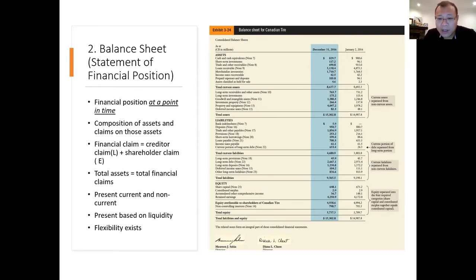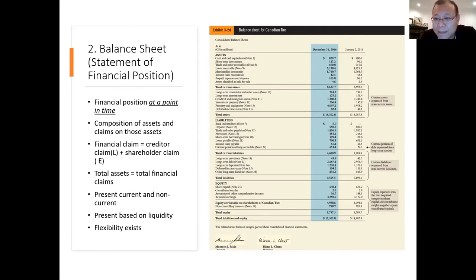For the equity, in 2100 I think you only learned about two accounts, common shares and retained earnings. But at the intermediate financial accounting level, you're going to see more equity accounts.